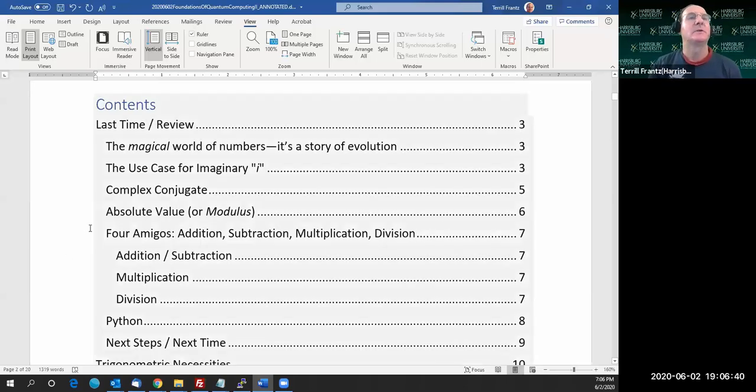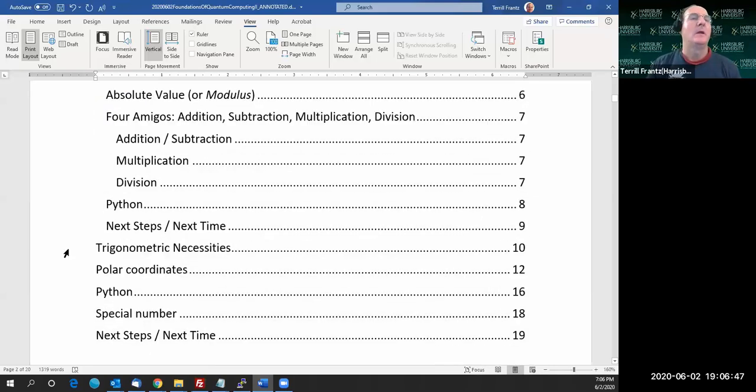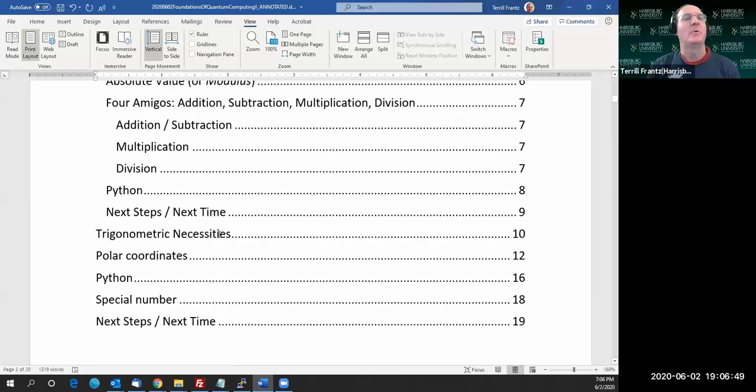So let me just review what we went over last time. I'll go over it fairly quickly. And I didn't really put it in the show notes, but trigonometry is quite important, so I want to cover some of that. Then we'll get into polar coordinates.